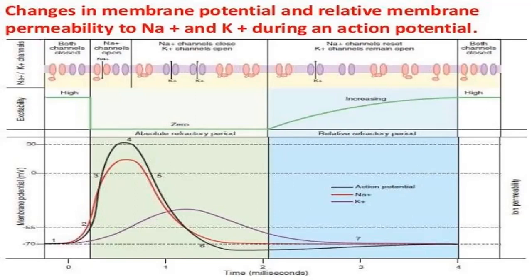If extracellular potassium increases, that is hyperkalemia, the resting membrane potential moves closer to the threshold for eliciting an action potential. Thus, the neuron becomes more excitable. If the extracellular level of potassium is decreased, that is hypokalemia, the membrane potential is reduced and the neuron is hyperpolarized.